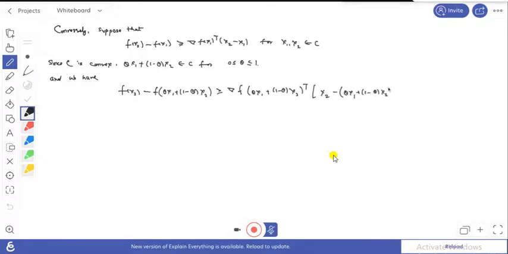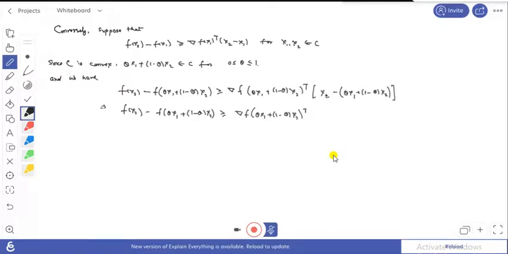You apply this formula for any x belonging to C. Now this can be rewritten as f(x2) minus f(theta x1 plus (1 minus theta) x2) is greater than or equal to gradient of f at the point theta x1 plus (1 minus theta) x2, transpose, and we try to solve this thing.